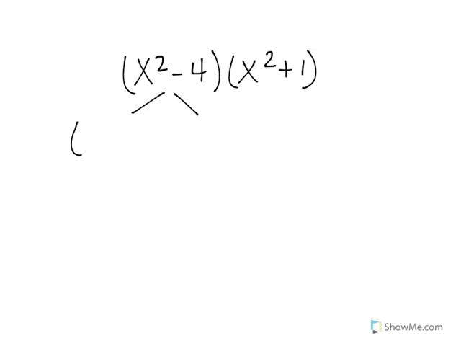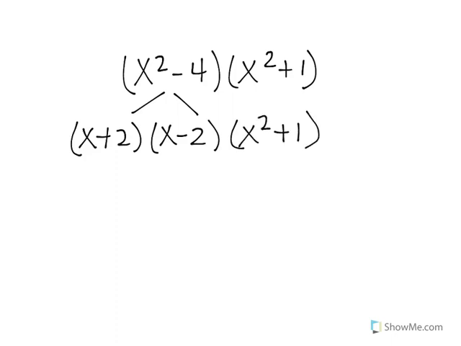So we're going to break this down as x plus 2, x minus 2. X squared plus 1 is not a difference of 2 squares because of the addition symbol. X squared and 1 are perfect squares, but remember you need to have subtraction as your sign. So this really would just be our final answer here.